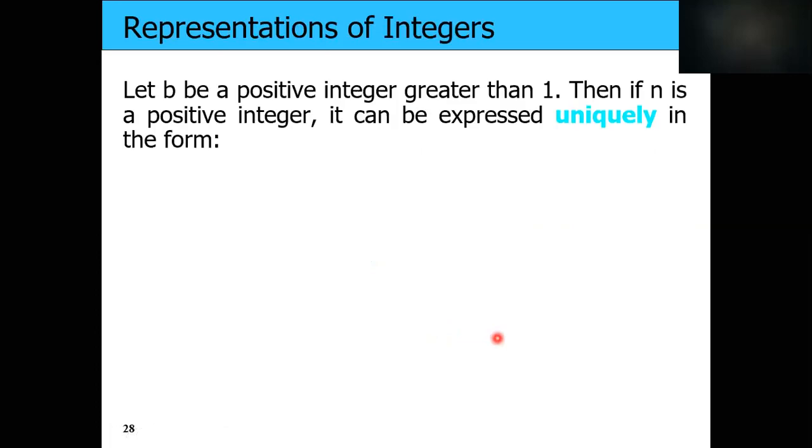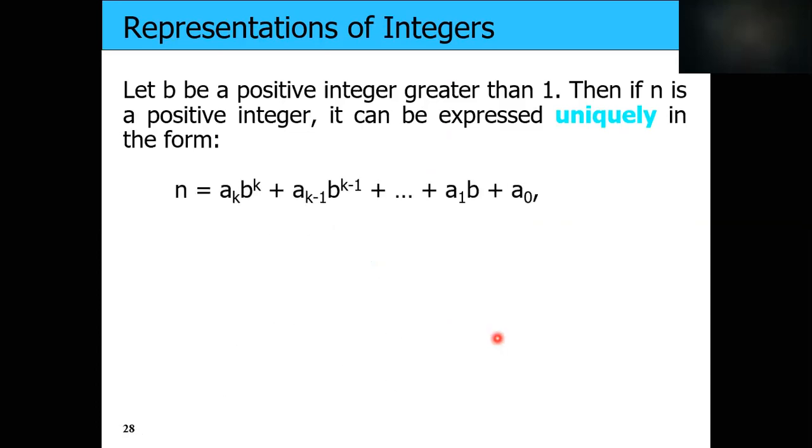Representation of integers: how you can change the base of an element, and how you can change from decimal to binary and binary to decimal. This is the representation of any integer in some other form.